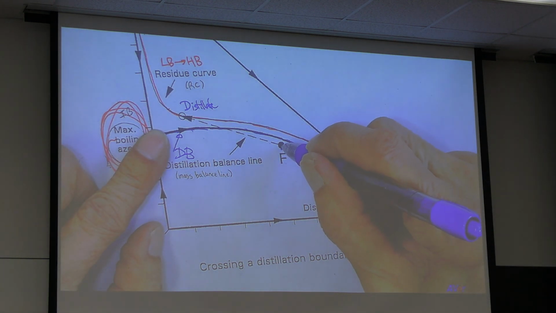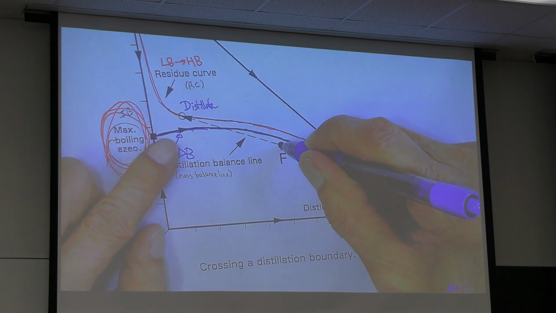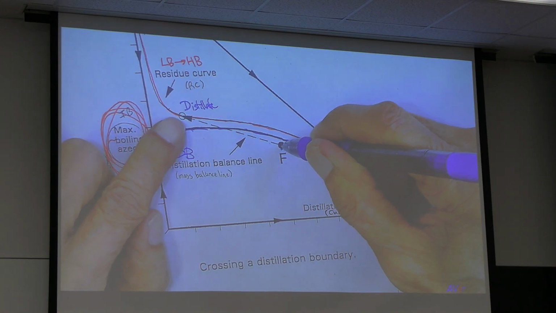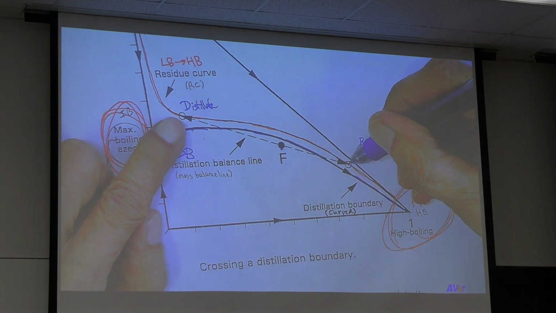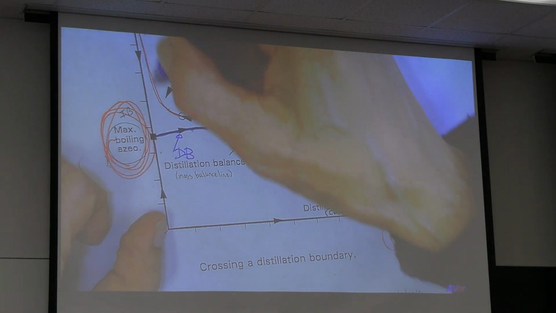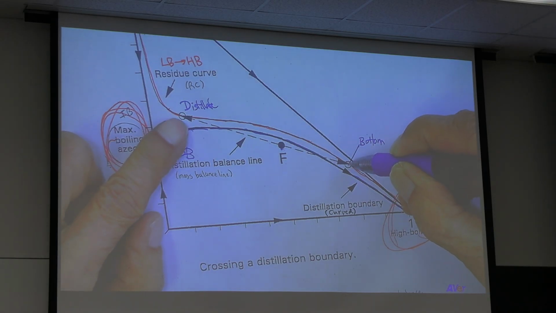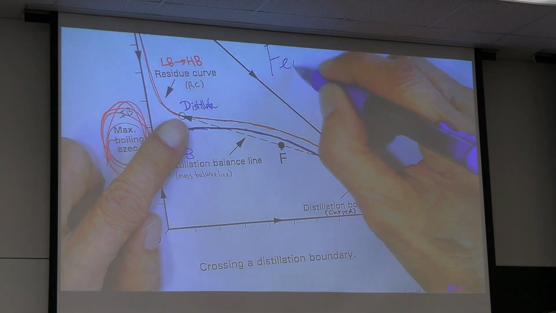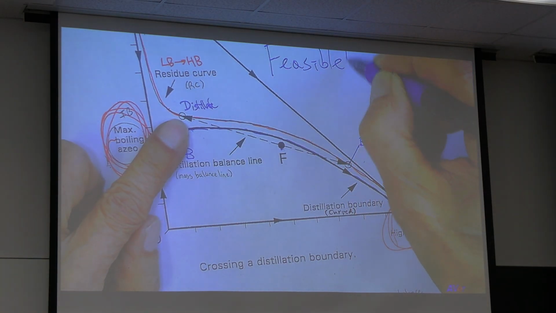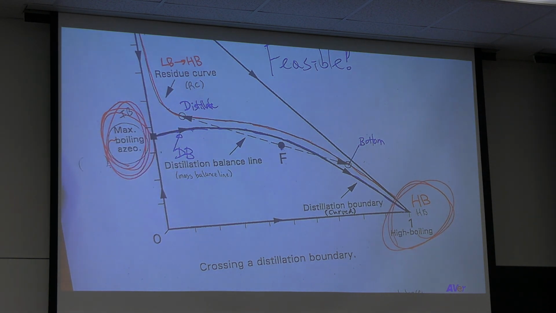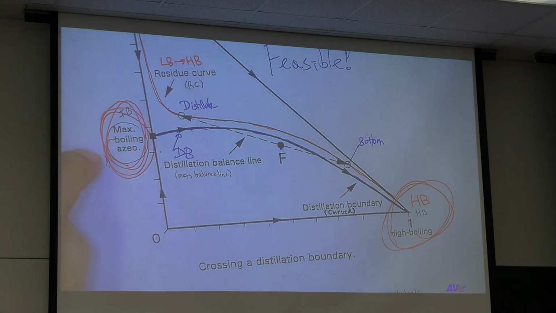Even though F is below the DB, distillate bottom, both are on the same side of the region, on the same residue curve. This is feasible, but not easy to control. Just for the fun of it, in case you need to do it, it's okay.